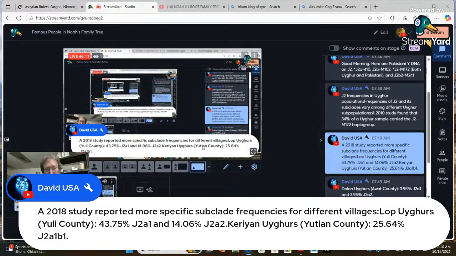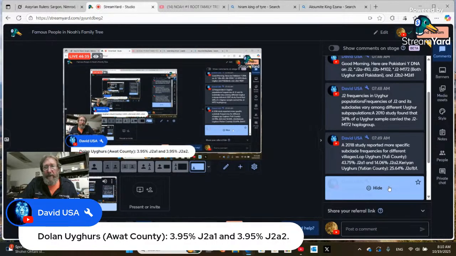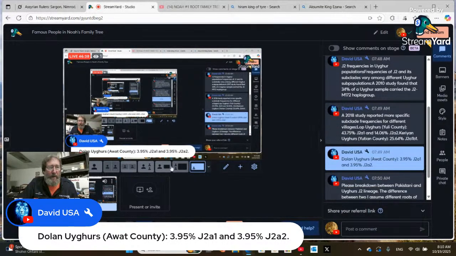Keriya Uyghurs, Yutian County, 25.64% J2A1B1. Yeah, which could be different tribes of Israel, and that would be a huge study. Dolan Uyghurs, Awat County, 3.9% J2A1 and 3.9% J2A2.